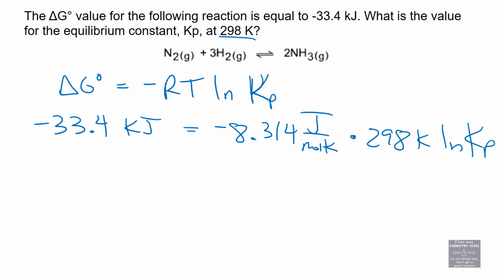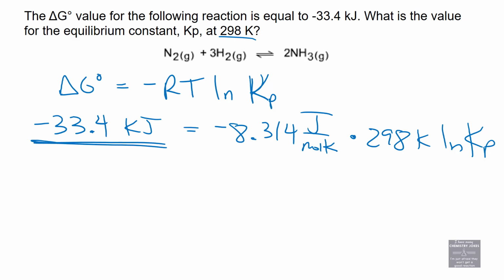And I say, what did I do wrong? Oh no, what did I do wrong? Well, this is in joules and this is in kilojoules. You have to make the units match. It is a big deal that you make the units match. I don't care if you change one to joules, or change both to joules or both to kilojoules, but you've got to make them match.